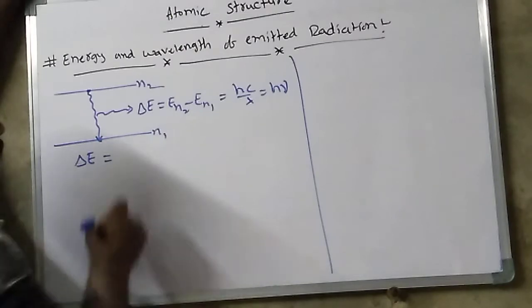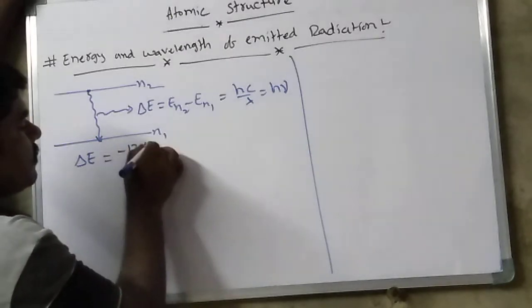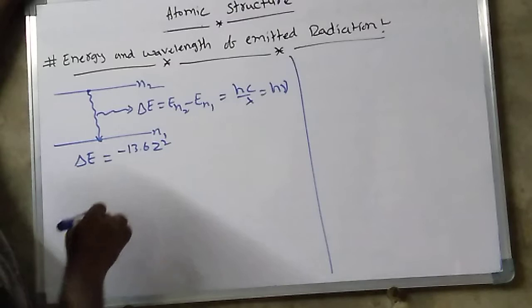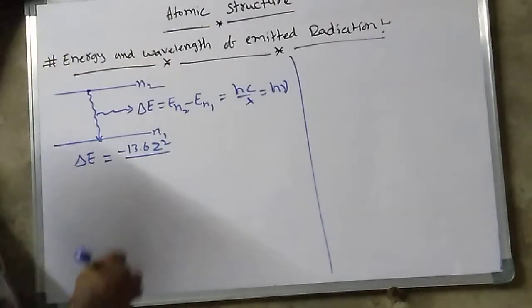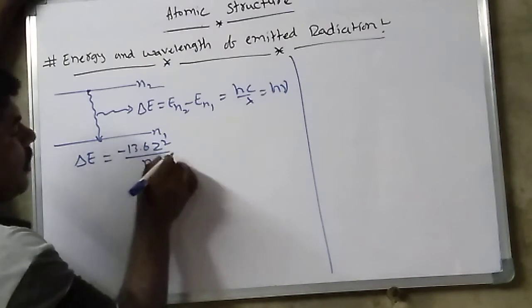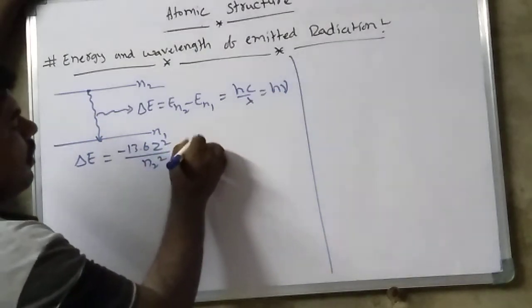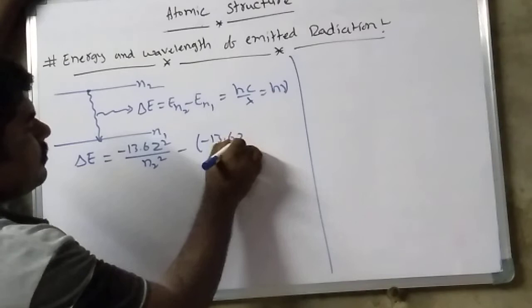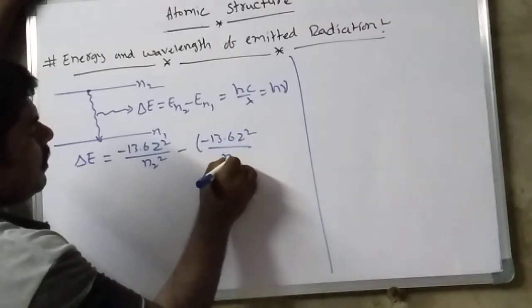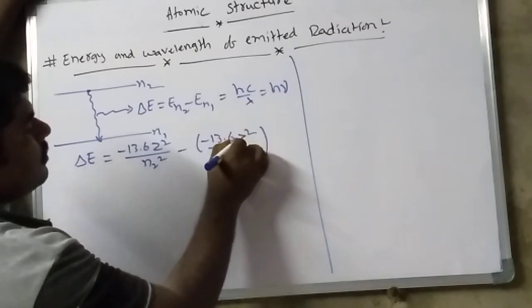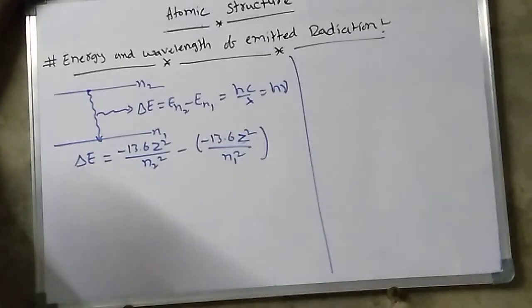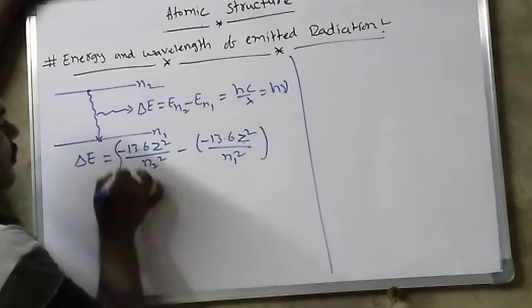En2 is nothing but minus 13.6 Z square divided by N2 square, minus of minus 13.6 Z square divided by N1 square. This is the general formula.